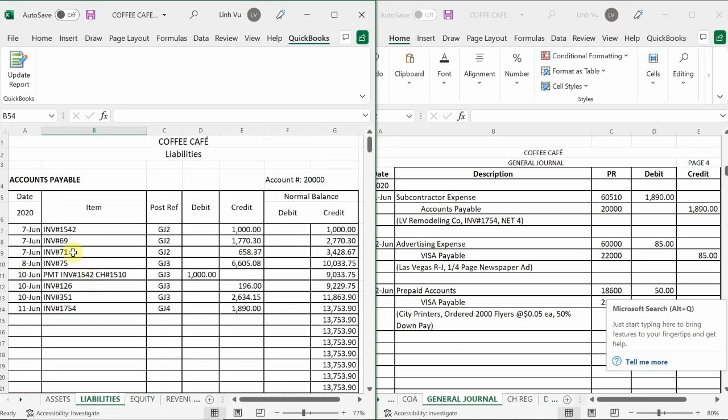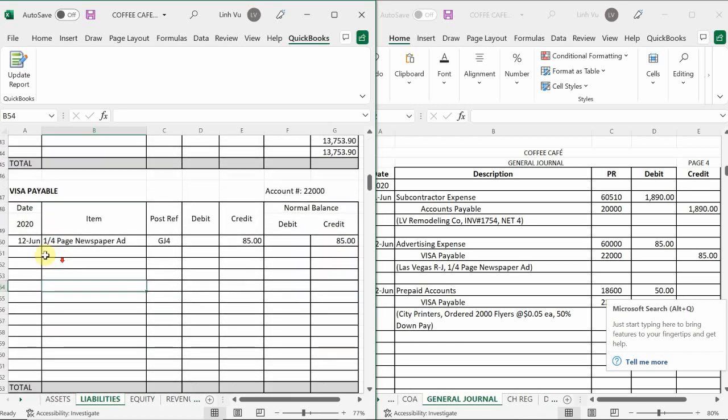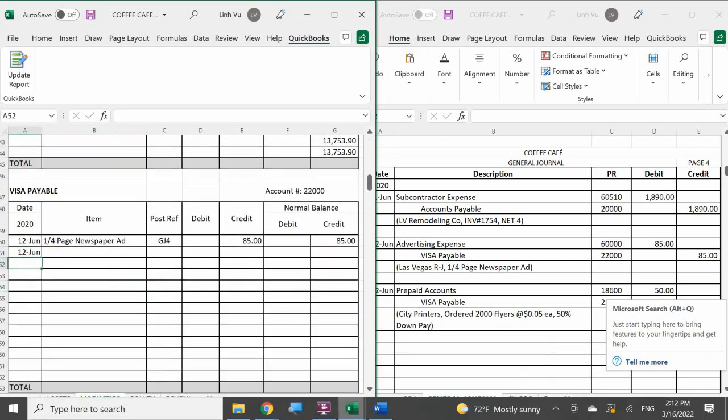So here we are, credit card, Visa payable. It is the 12th, and I'm going to put down payment. Actually, let's do 50% down payment on order of 2,000 flyers.